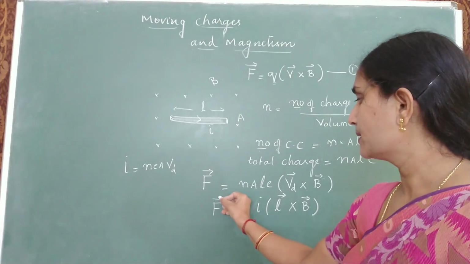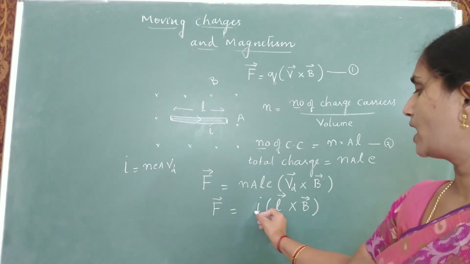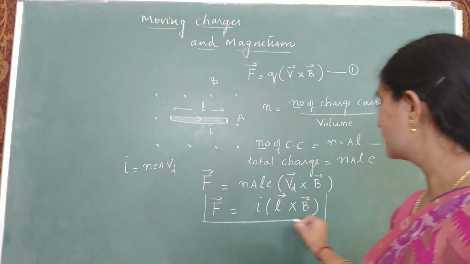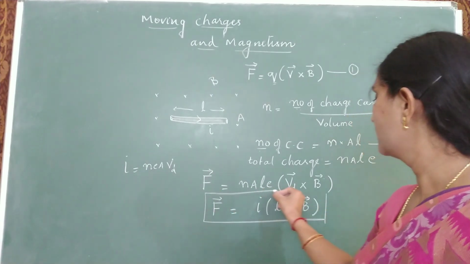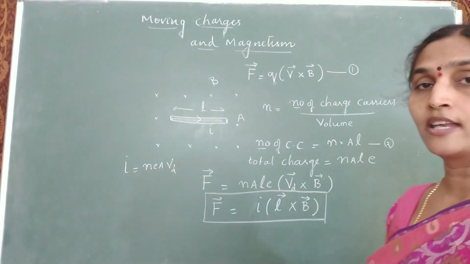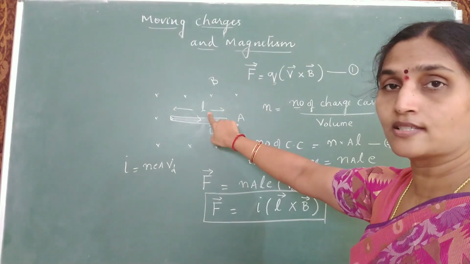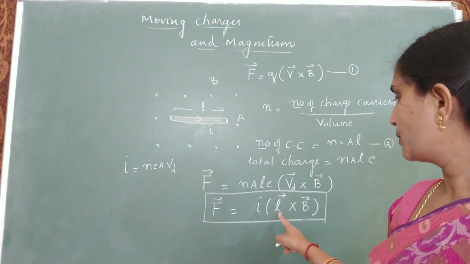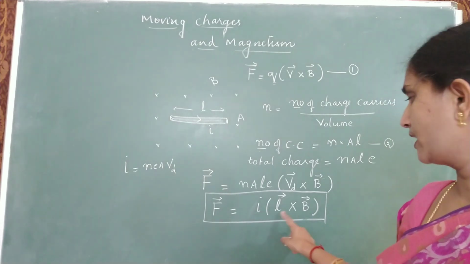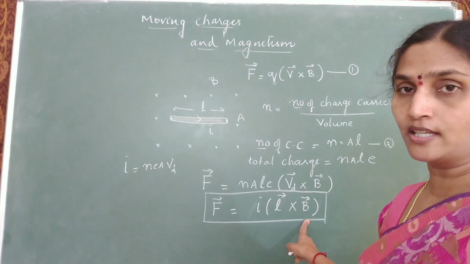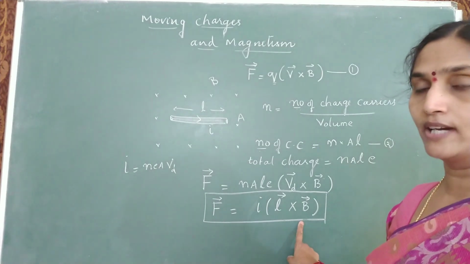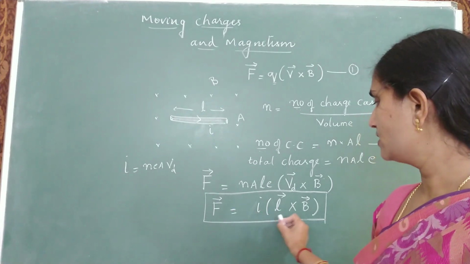So this formula, F equals I into L cross B, is going to give you the force acting on a current carrying conductor whose length is L when placed in a magnetic field. If it is a perpendicular magnetic field, then the angle between L and B becomes 90 degrees. Otherwise, whatever the angle given, you can substitute its value. So remember this general relation.